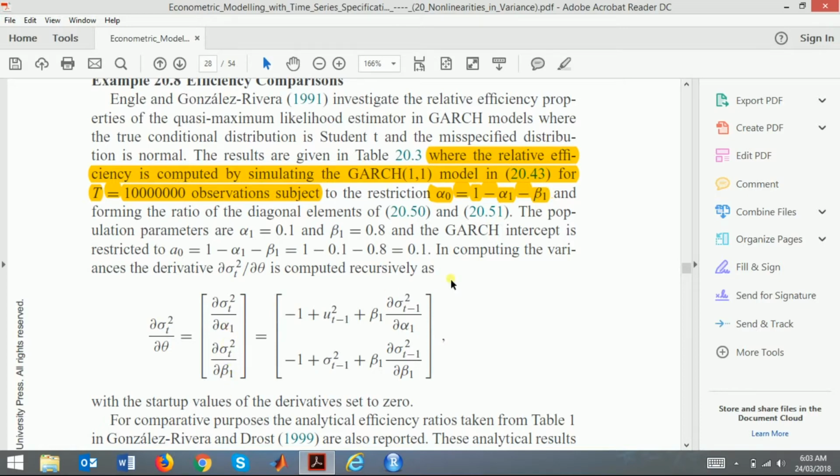The population parameters are alpha 1, beta 1, and the GARCH intercept is restricted. The GARCH intercept is 0.1.